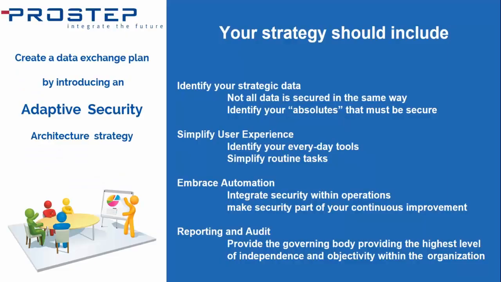If you have a data exchange plan that looks at an adaptive security model and architectural strategy, this should include your data and identifying the strategic data that needs to be secured.